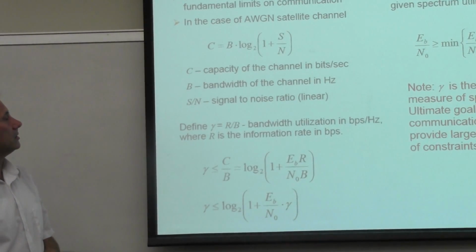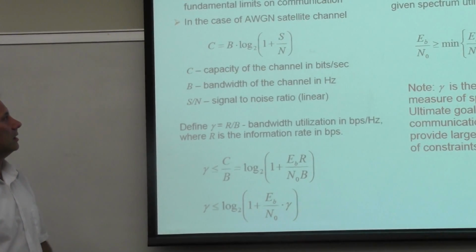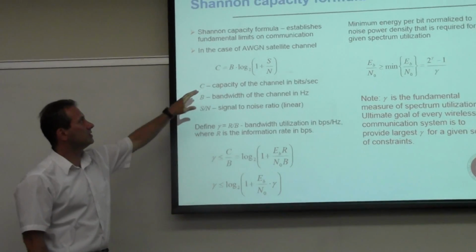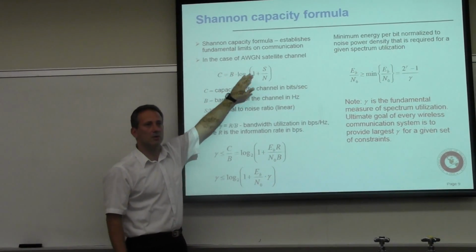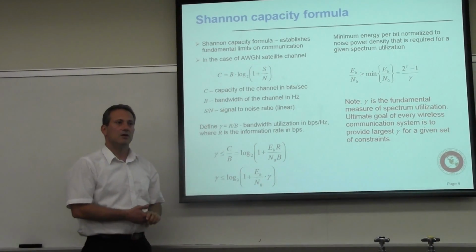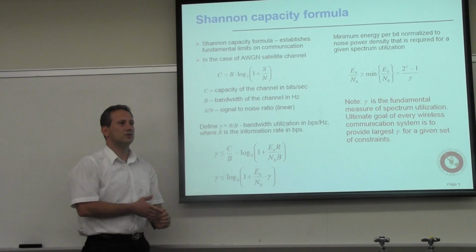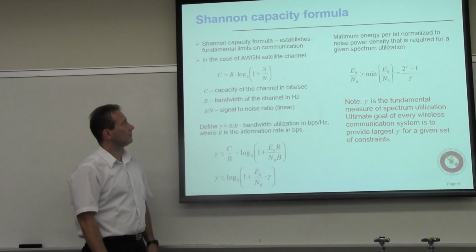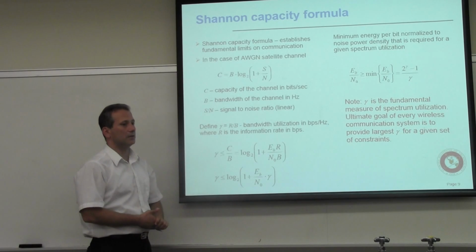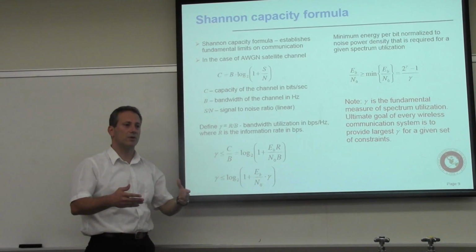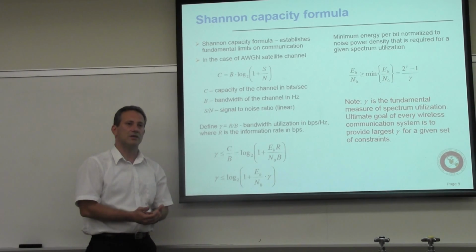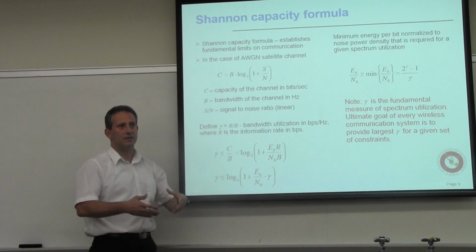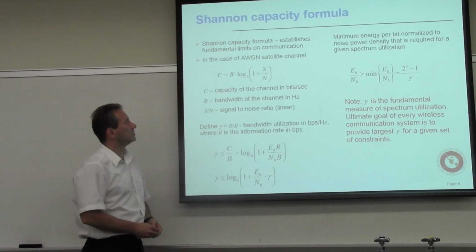For the most part, you can assume that a satellite channel fits this description pretty well. It is largely non-selective, meaning it fits AWGN, but the signal is usually working against noise that has additive white Gaussian noise properties.